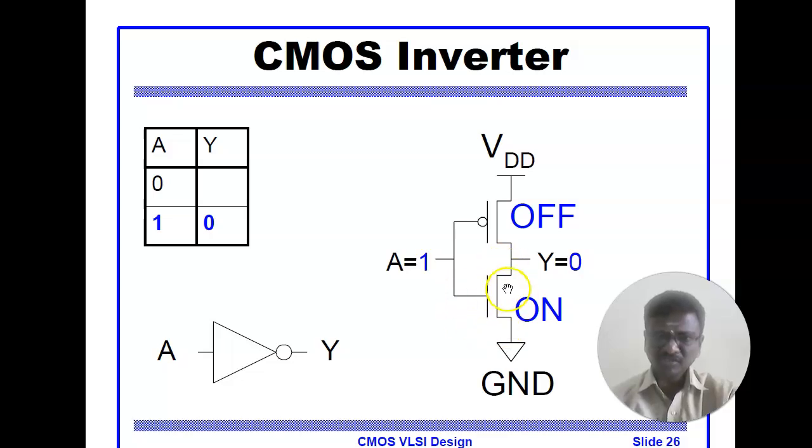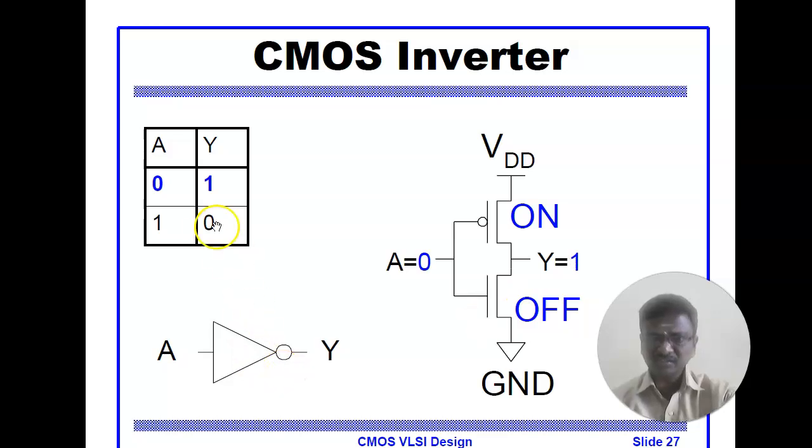The NMOS transistor, when in on condition, is connected to the ground, so it pulls down to 0. The output across this terminal will be equal to 0. So when you apply 1 as input to this inverter, it produces 0. This is the first condition, right?